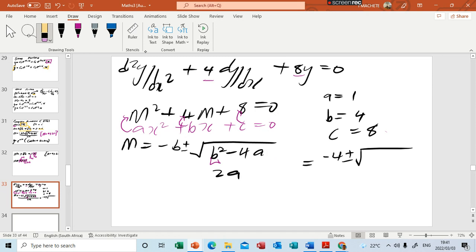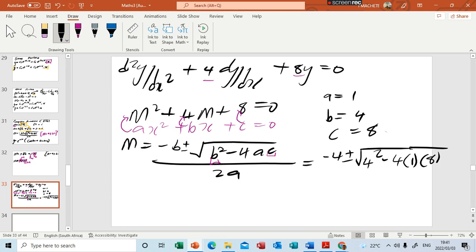So as you can see, guys, I'm busy erasing this thing. Let me leave it like that. Your b squared, you're going to say 4 squared minus 4 into 1 multiplied by 8. You see there, 4 times 8 is something else. So this 4 times 8 will be 24.